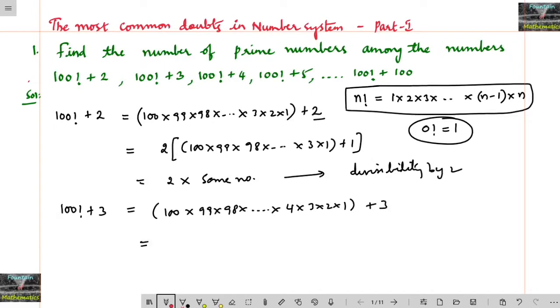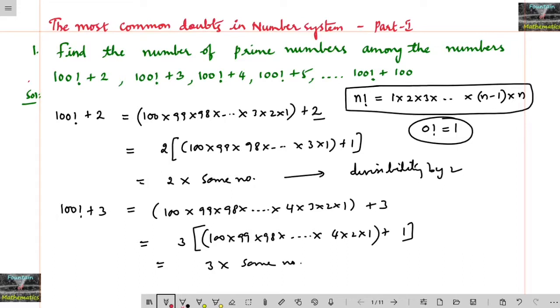Here also I can take 3 common, leaving 100 into 99 into 98 and so on, 4 into 2 into 1, plus 1. So here also it is 3 into some positive number, which is divisible by 3.